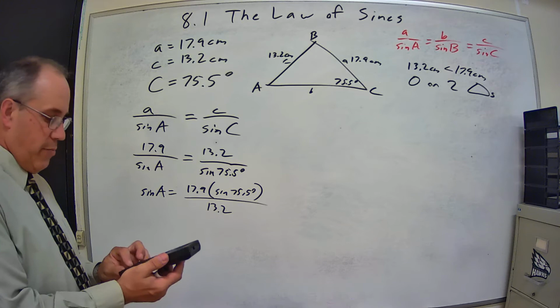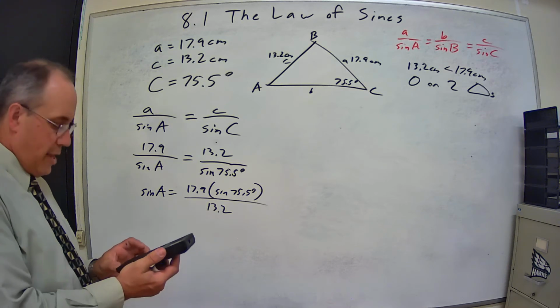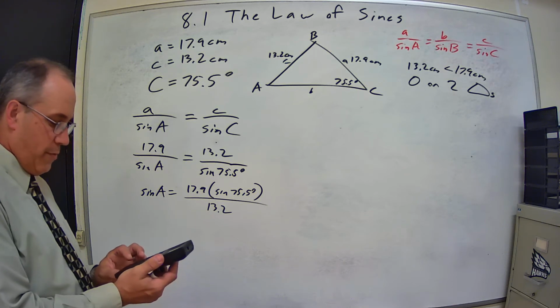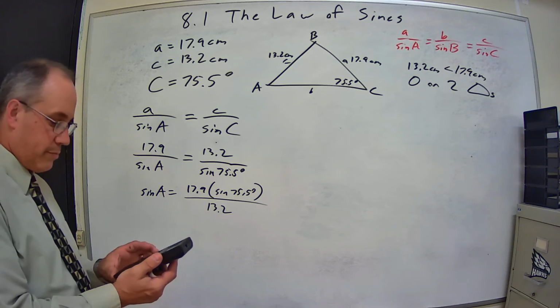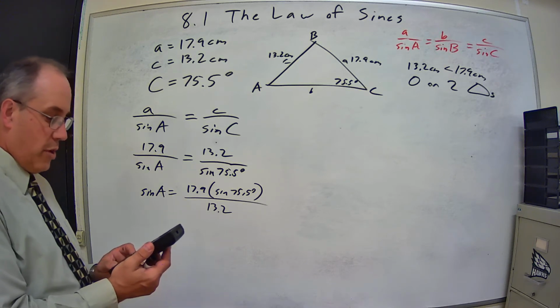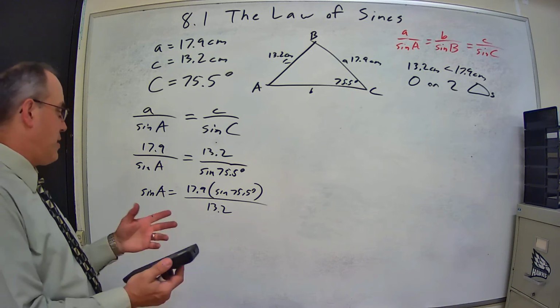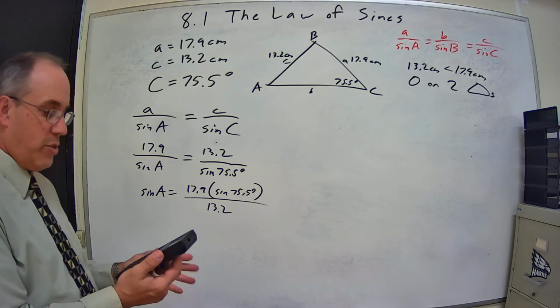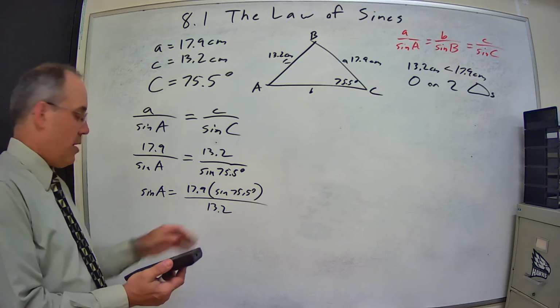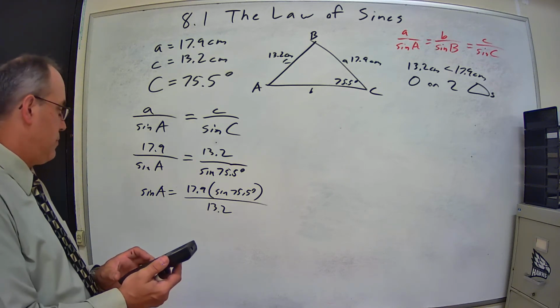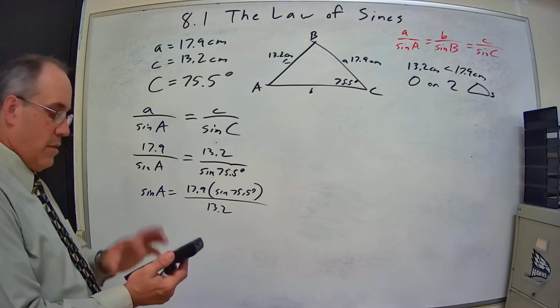So 17.9, sine of 75.5, oops, not 57, 75.5, yeah, sine gives me 0.968147, etc. Multiply that by 17.9 and we get approximately 17.3298. Divide that by 13.2. Let's try that again.